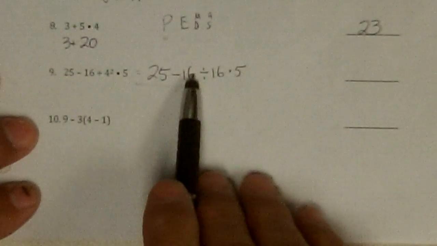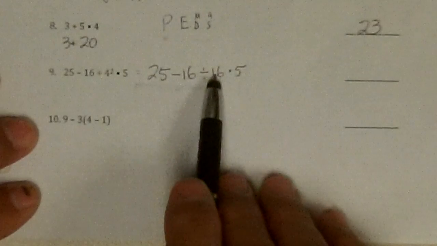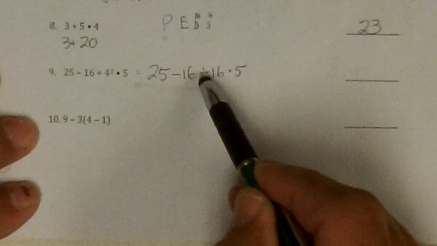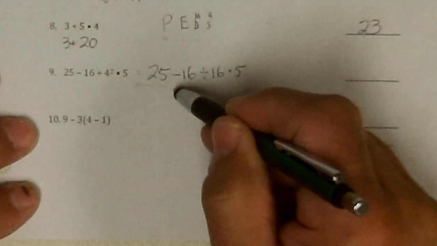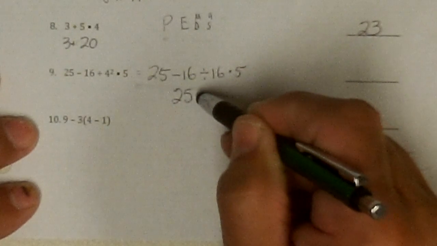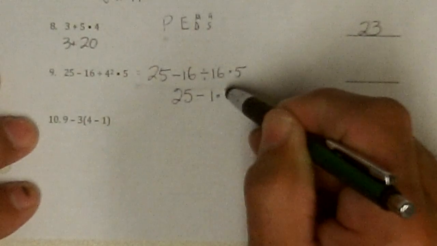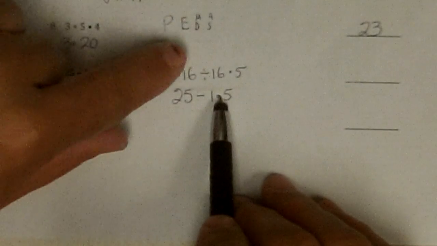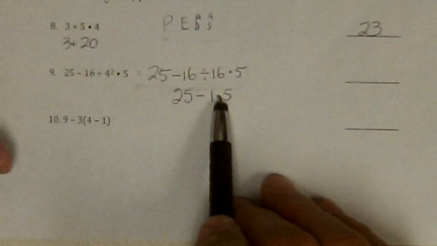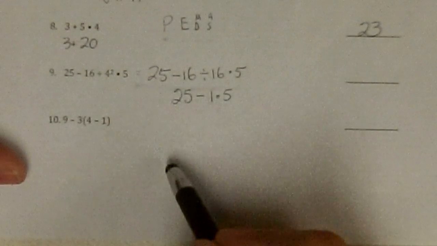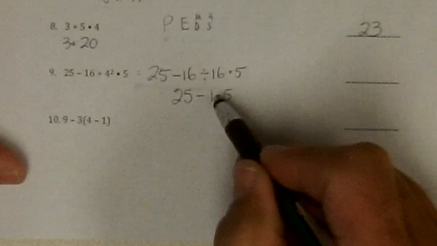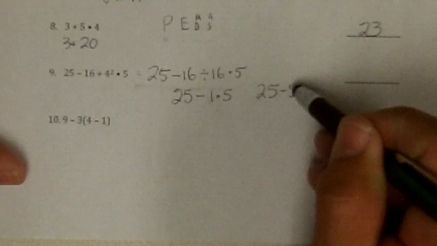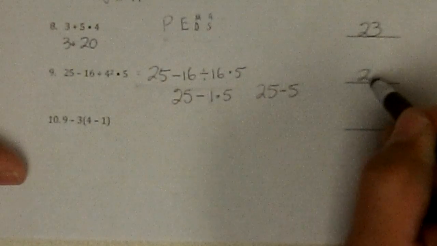So I come to division here before the multiplication, so I have to divide these first. 16 divided by 16 is 1, so I get 25 minus 1 times 5. Now I have subtraction and multiplication, and multiplication comes before subtraction, so I have to multiply those first. 1 times 5 is 5, so I have 25 minus 5, and that's 20.